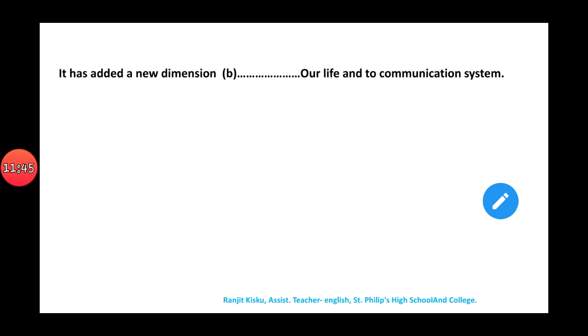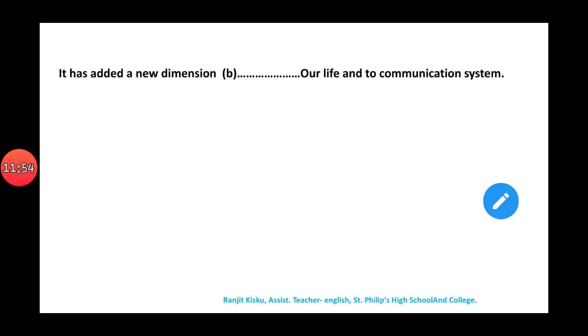If you do so, you will be able to answer such types of questions very easily because you will have logic, you will have conditions, you will know better why this gap needs an adjective, an adverb, verb, preposition, noun. You will have the logic, and I believe you will put the correct one. Okay, it has added a new dimension dash our life and the communication system.